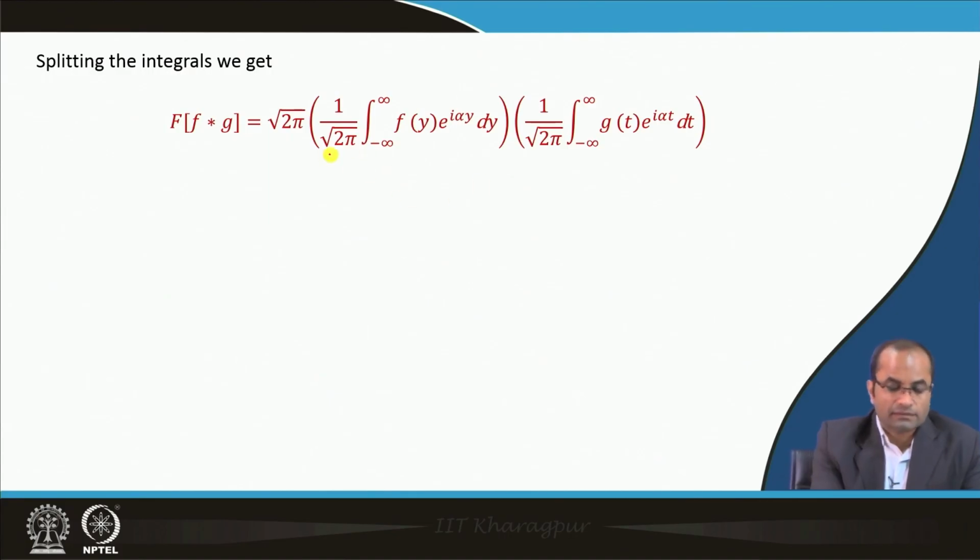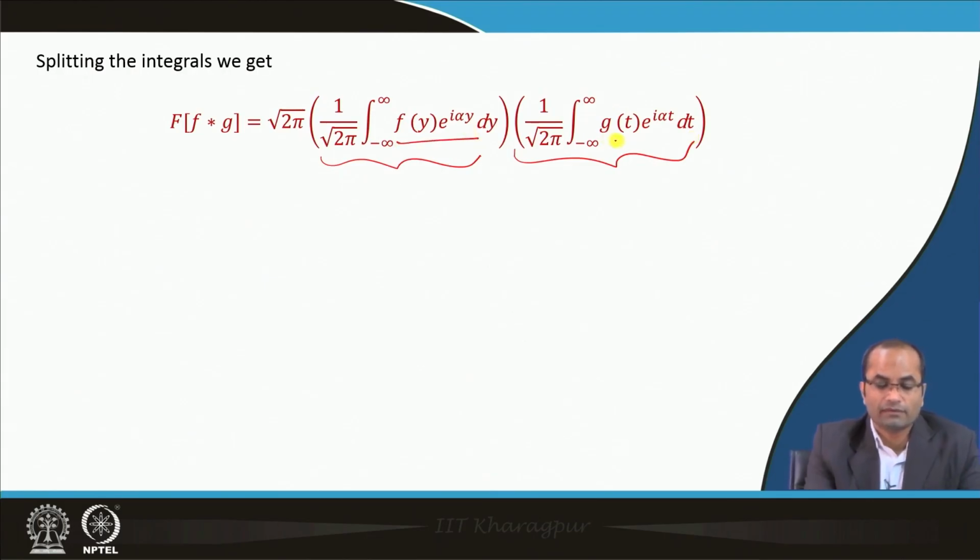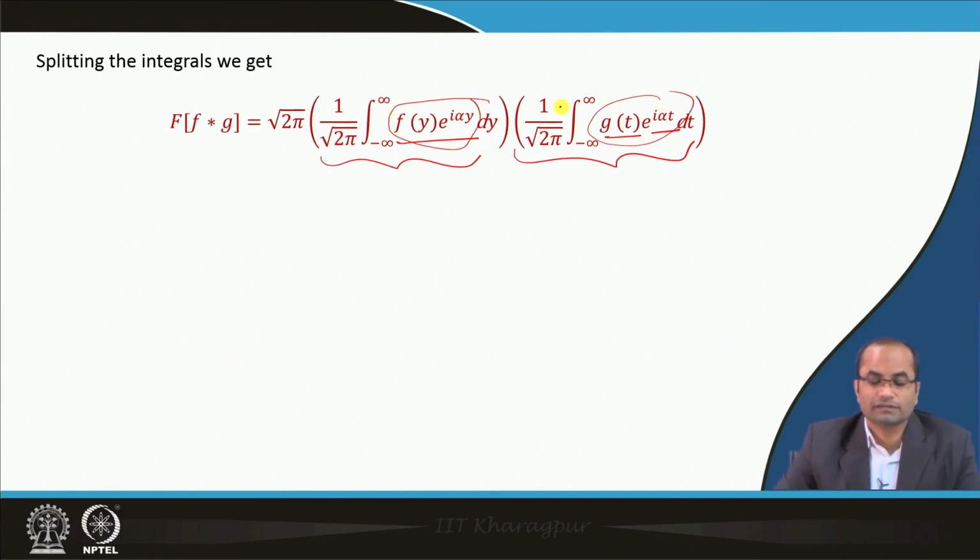Then we can segregate into two integrals: f(y) e to the power i alpha y, and g(t) with e to the power i alpha t. We have split into two integrals because one function depends on y only, and the other depends on t only.